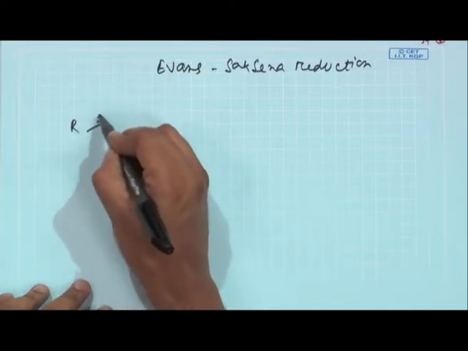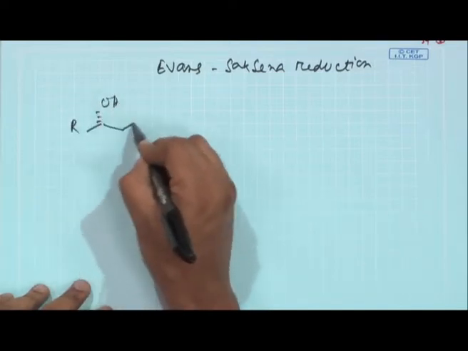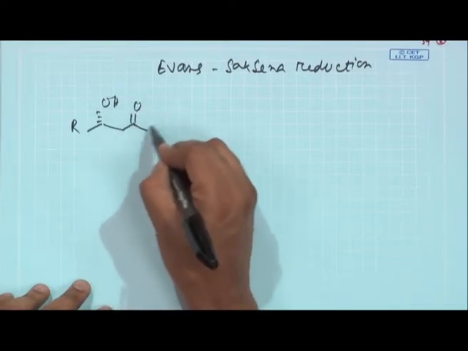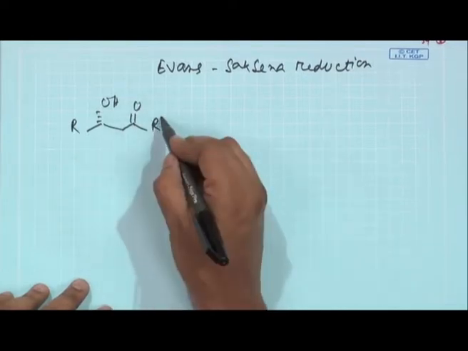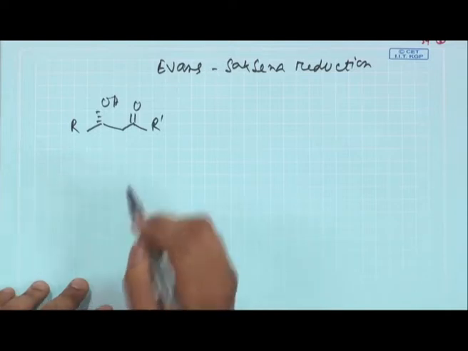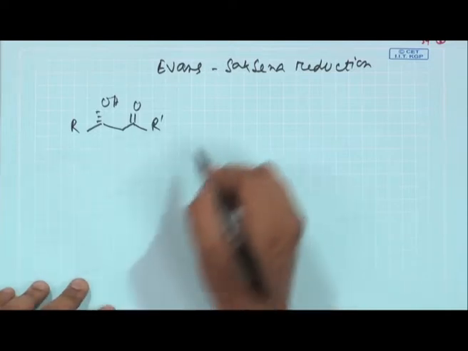The reagent required should be producing a hydride from internal sources.